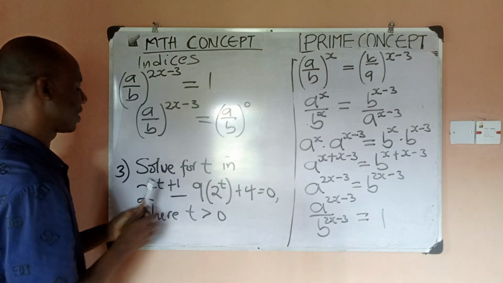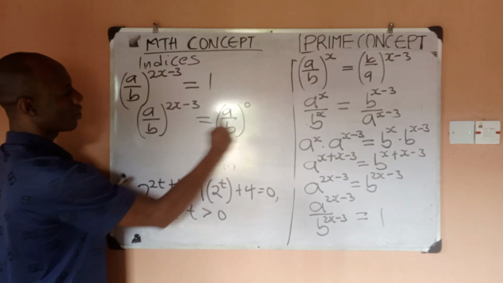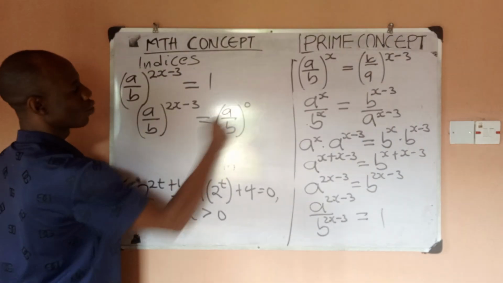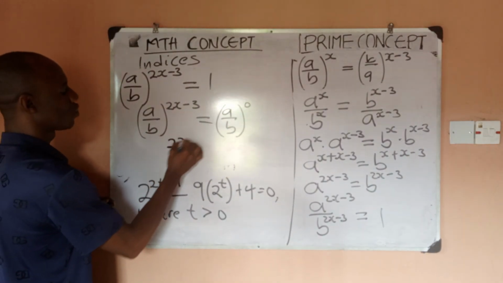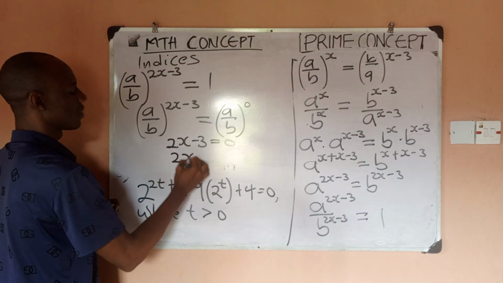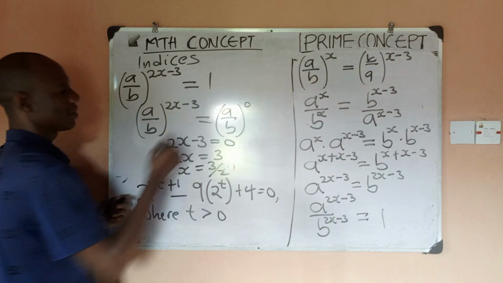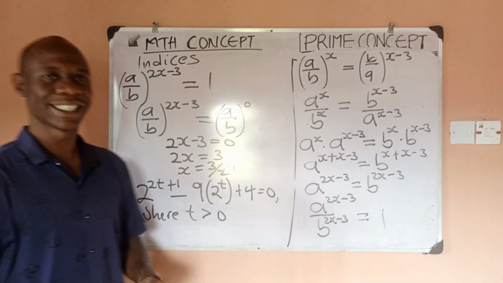So have we changed it? No, we have not. So what do I do now? Since I have common bases, I can equate my powers. So 2x minus 3 equals 0. Then 2x is equal to 3, and then x is 3 divided by 2. So this is still the same result.